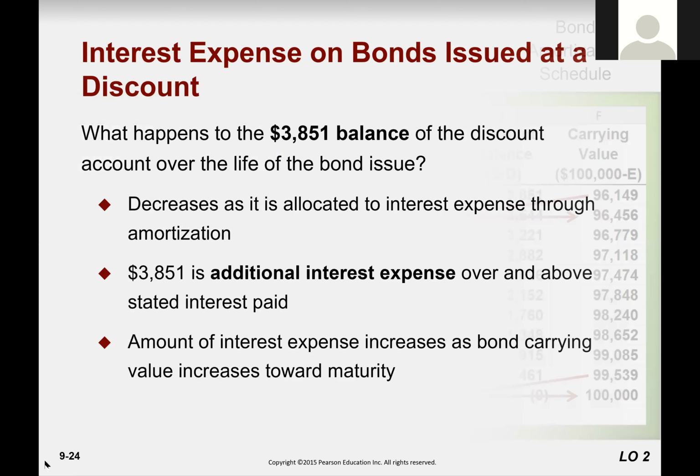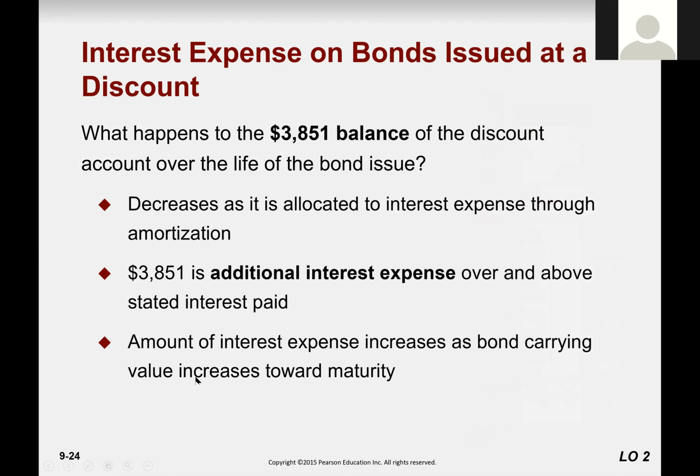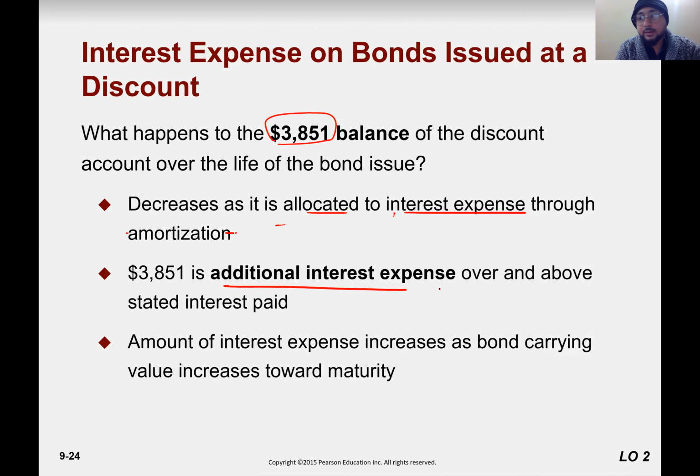Yes, sir. Good. So what happens to the 3,851 balance of the discount? It decreases as it is allocated to interest expense through amortization. So 3,851 is additional interest expense over and above the stated interest paid. The amount of interest expense increases as bond carrying value increases towards maturity, that we just discussed.